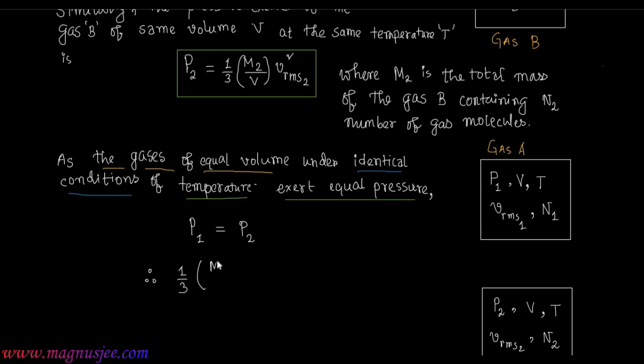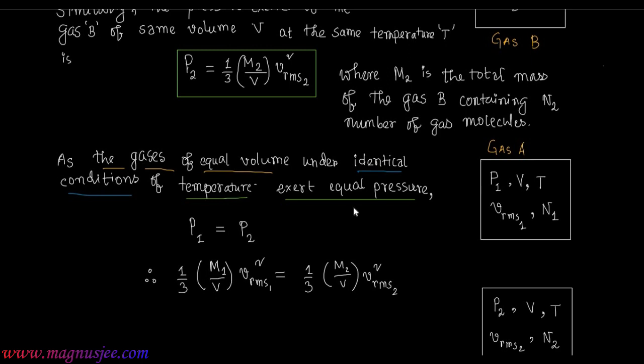Therefore, 1 by 3 M1 by V, Vrms1 square will be equal to 1 by 3 M2 by V, Vrms2 square.